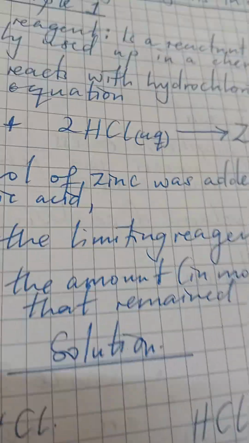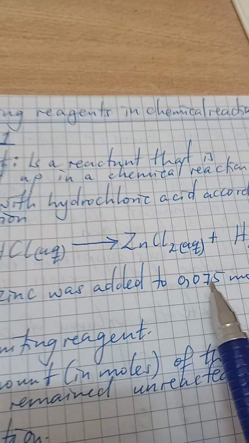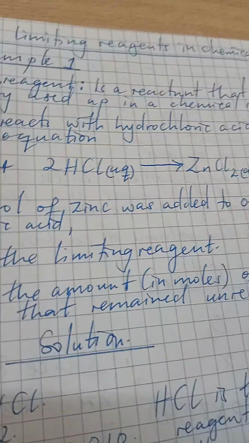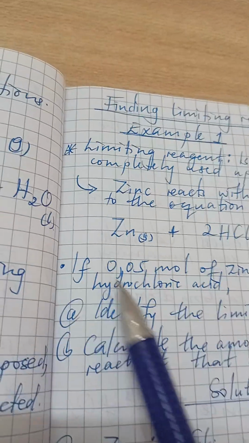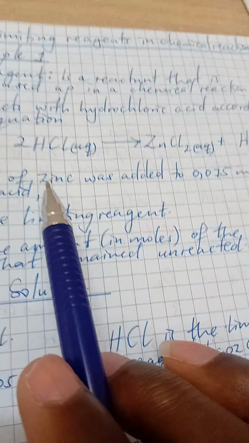So from there, the complete reaction can take place. So what about when they add 0.075? Meaning to say they added a limited amount of hydrochloric acid.